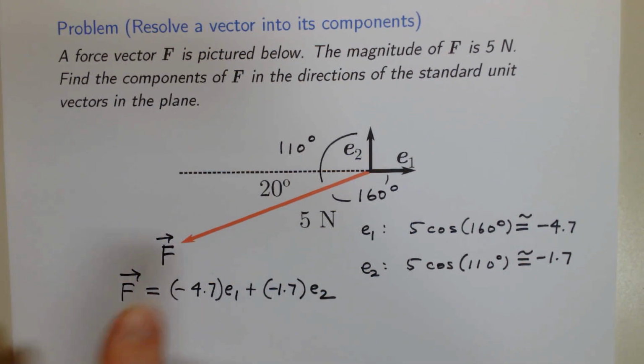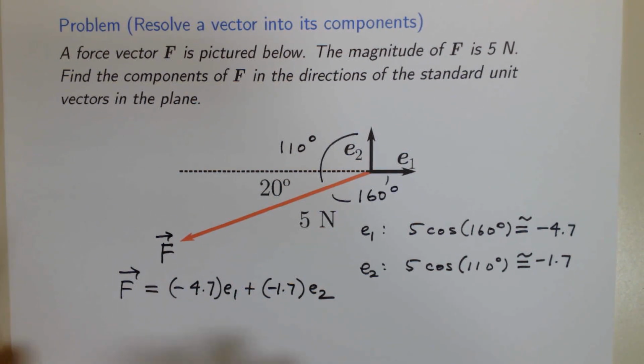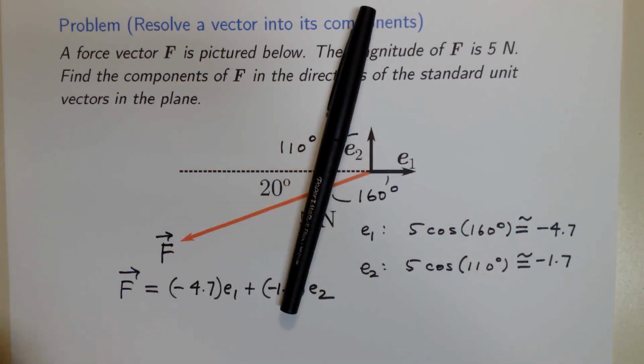So we could think of recovering this vector F as the sum of the components we found in the E1 and E2 directions. That's a simple application of the general principle that we articulated in the previous calculation. So let's head back to the course slide. I'll show you a couple of other applications of this technique.